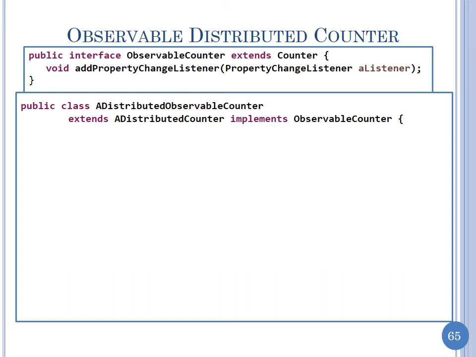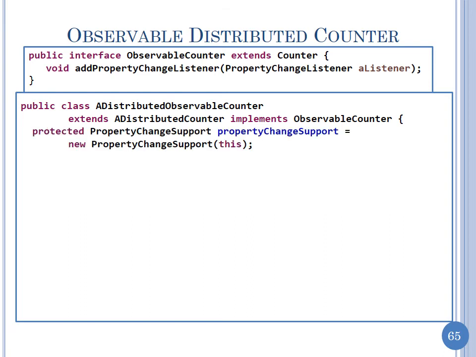I had a counter, then I extended it with a distributed counter, which implemented a remote interface, and now I am extending that distributed counter to create a distributed observable counter. And I'm going to implement the observable counter interface. To do that, I'm going to use what I recommended you use, the property change support object that's provided by Java.